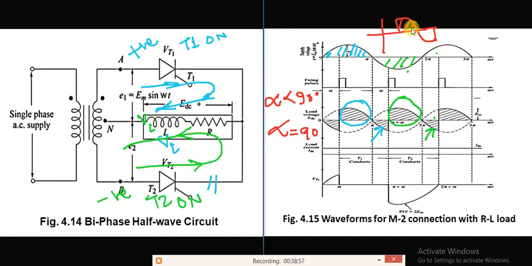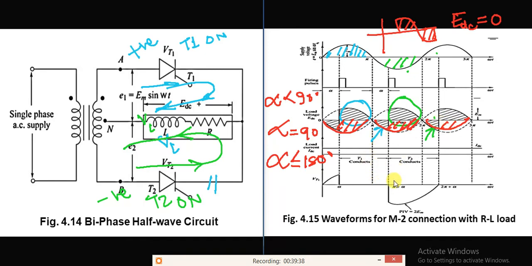So this positive output and this negative output will cancel each other, so the EDC will be equal to 0 when alpha is equal to 90 degrees. When alpha is say 180 degrees or less than or equal to, then we will get all the negative voltage.